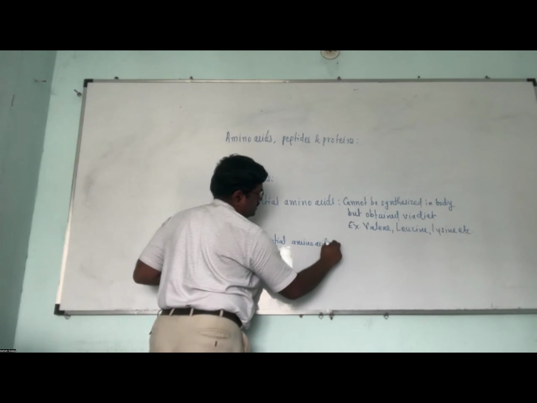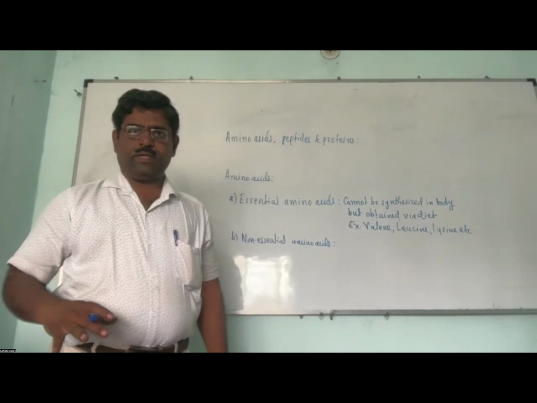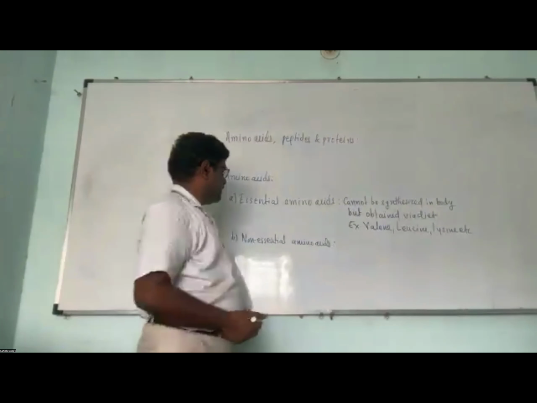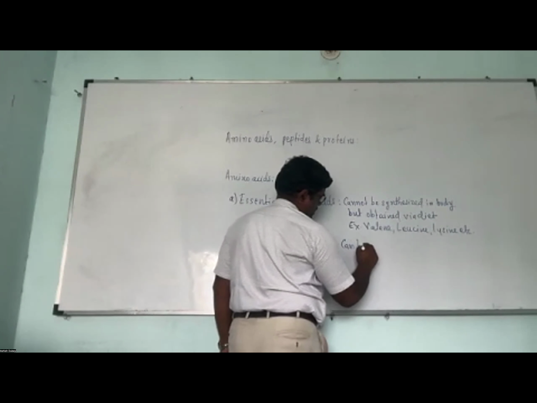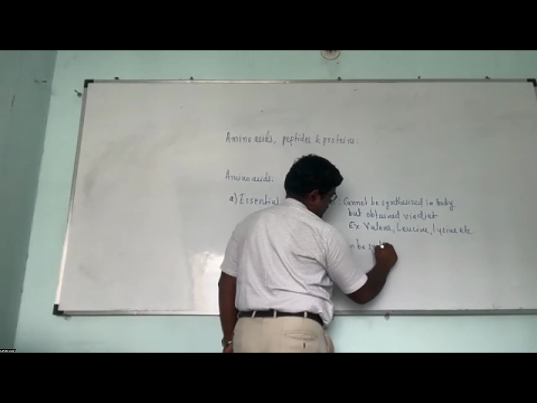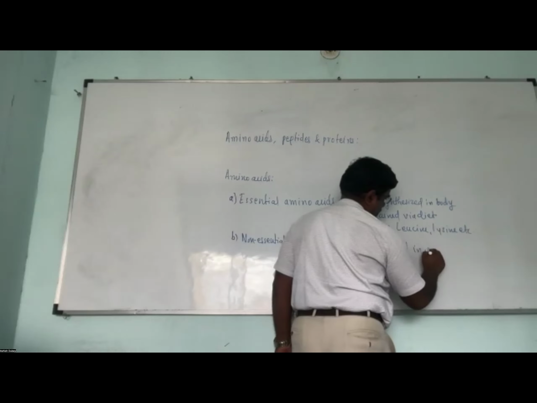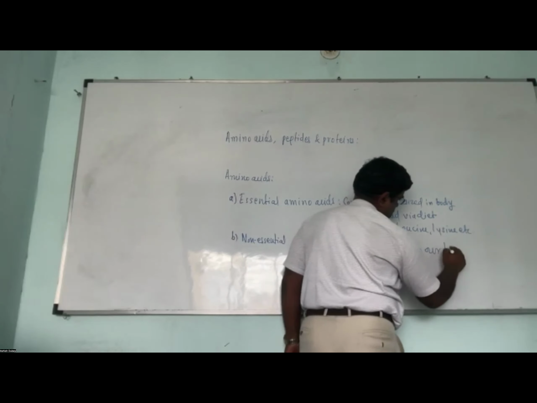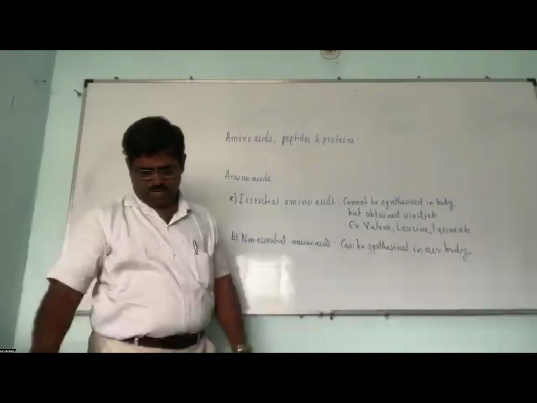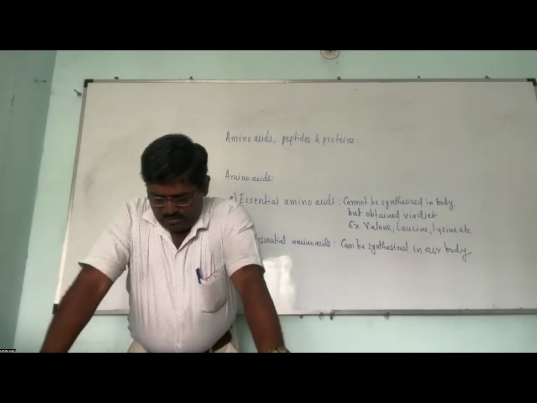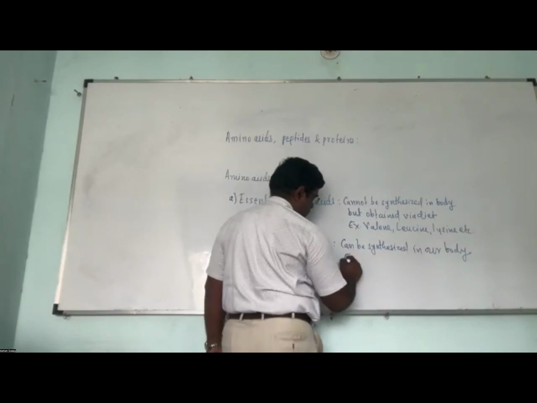Amino acids that are synthesized in our body and cannot be obtained through diet are called non-essential amino acids. They can be synthesized in our body. They are all non-essential amino acids. Best examples: glycine, alanine, aspartic acid, etc.